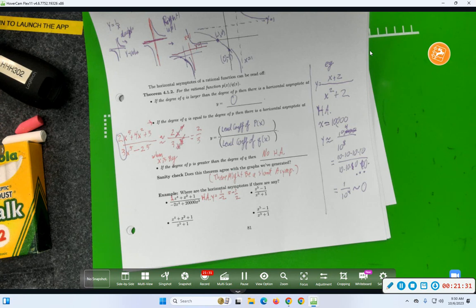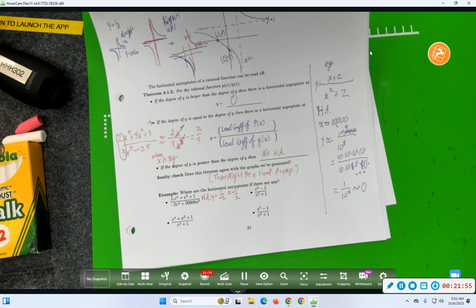Cool. We feel good? Where's the horizontal asymptote of bottom left? I heard a call for 0. Nice. Degree of the top is 4, degree of the bottom is 5. The numerator loses, so there's a horizontal asymptote at 0. Notice, alternately, instead of remembering any of those rules, we could just look at the leading terms.